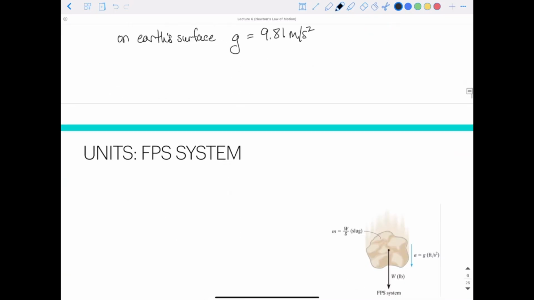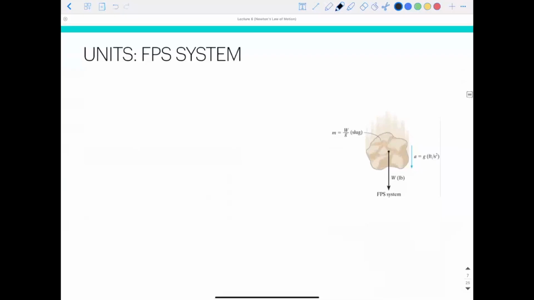The other system that we will see problems with is the FPS system. In the FPS system, weight is a base unit and mass is the derived unit. So that's kind of switched. So in this case, weight is the base unit and mass is derived.